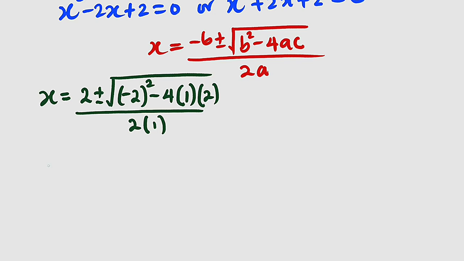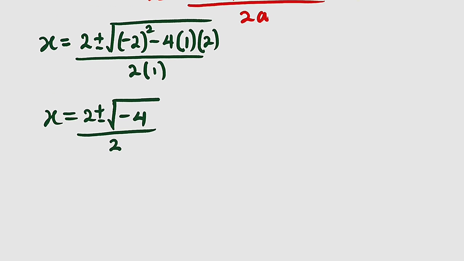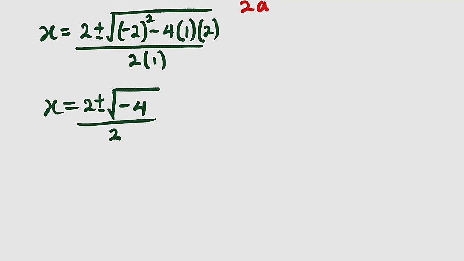All right. x equal to 2 plus or minus the square root of, if you square this, you're going to get 4. And 4 times 1 times 2 will give us what? 8. 4 minus 8 will give us negative 4. So the whole of this is negative 4, divided by 2 times 1 is 2. Square root of negative 4 is 2i. So this is equal to 2 plus or minus 2i divided by 2.